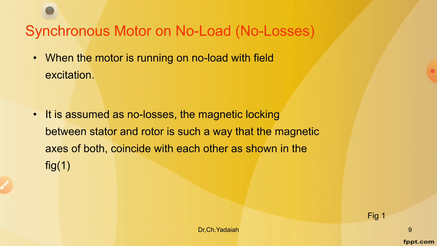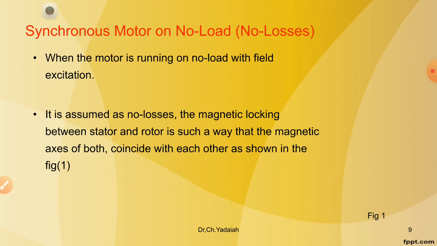Now, synchronous motor on no load conditions, with the terminology we have learnt. The motor is started by using an external motor. Three-phase supply is given to our motor, and it produces a rotating magnetic field in the stator. We connect an external motor to our rotor and rotate it near synchronous speed.